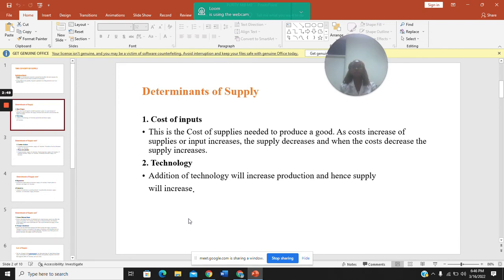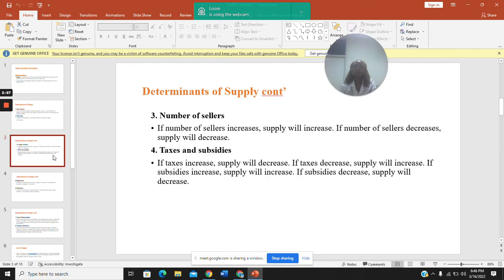And this will mean that the supplier will produce more and also offer more to the customers. Let's go to number three, which is number of sellers. If number of sellers increases, supply will also increase. And if the number of sellers decreases, supply will also decrease.